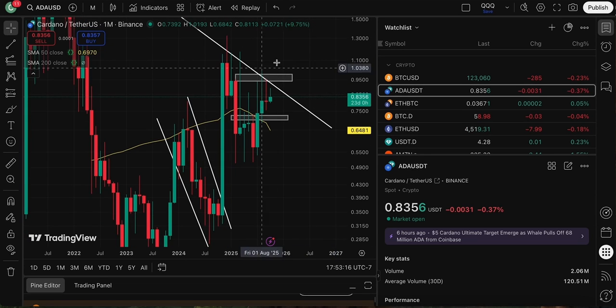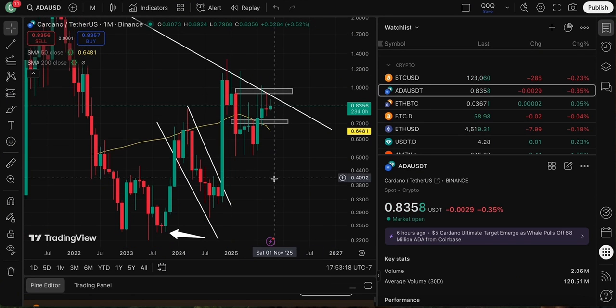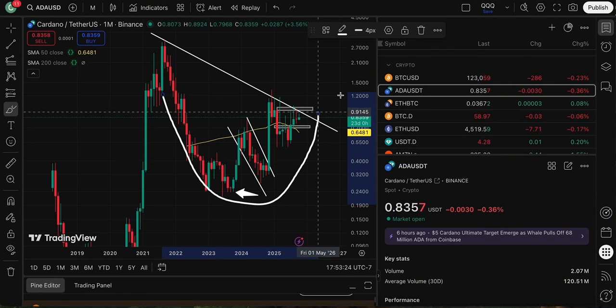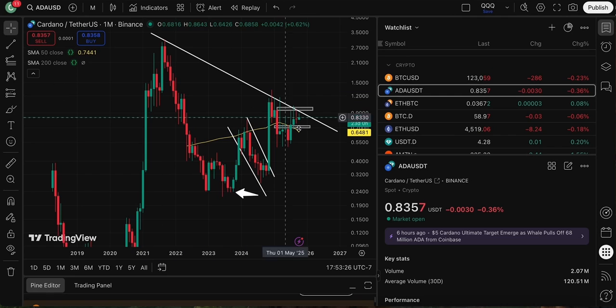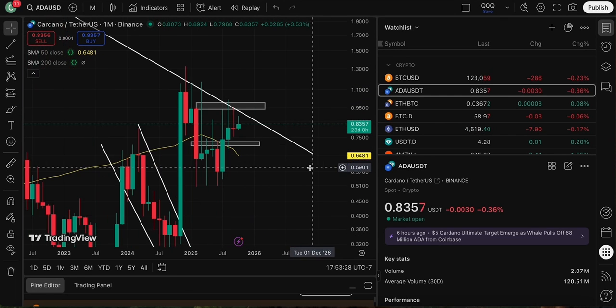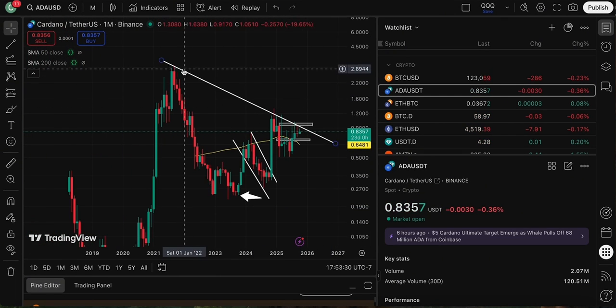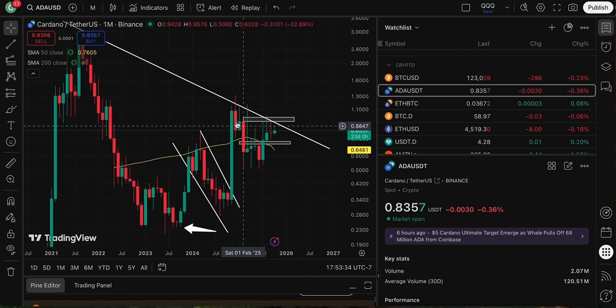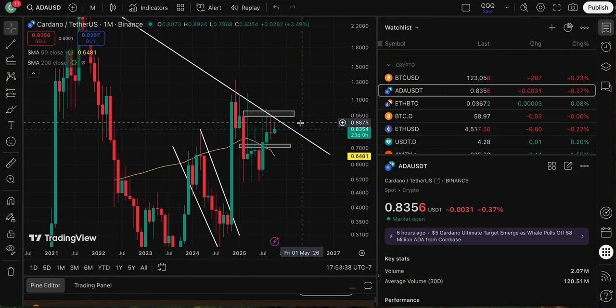There's not much more explaining to do other than understanding that we are in a broader rounding bottom on ADA. And the moment we break out of this long-term downtrend we've been in ever since 2021, this $3 downtrend, you can clearly see we've been wicking off of this downtrend for months.